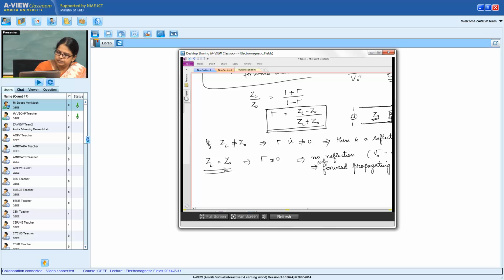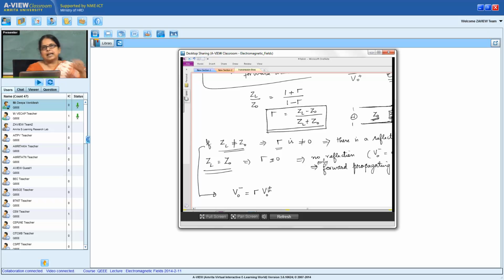Suppose that is not the case, ZL is not Z0. What happens is gamma is not 0, which means in this case you have a reflected voltage, which is gamma times V0 plus.